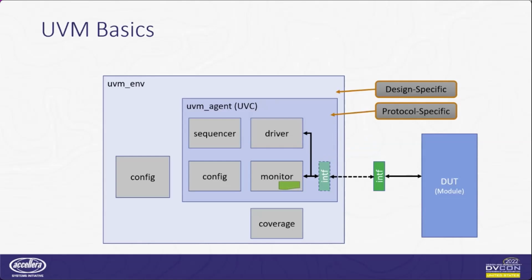So the monitor collects the information from the pin level activity on the interface and turns it into a transaction that can be used to record coverage or send to a scoreboard or what have you. So the monitor is there to take that information and send it out to whoever needs to use it. And the environment will define what those connections are from that monitor to a coverage collector or a scoreboard or whatever.